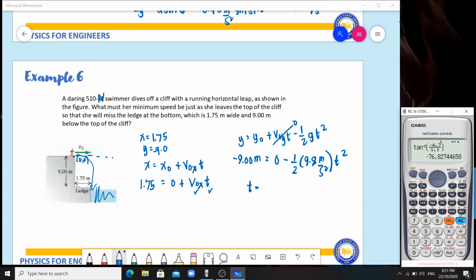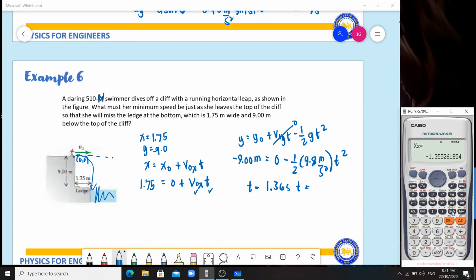Ayan. Kunin natin siya by mode 5, 3. Negative 1 half 9.8. Ayan. And then, sa letter C is positive 9. So, ang time na mabibigay is 1.36 seconds at saka negative.